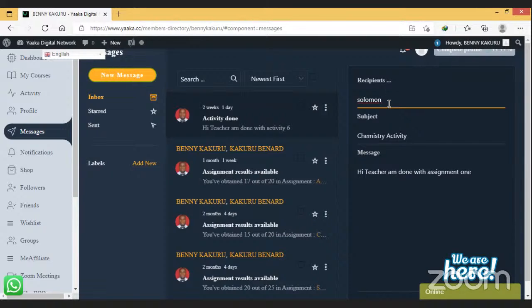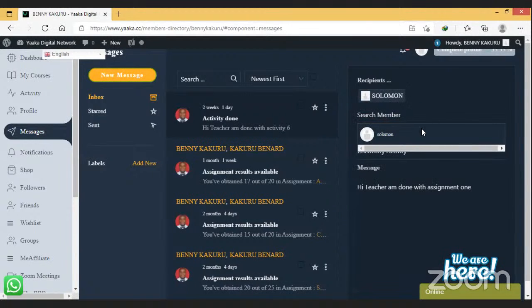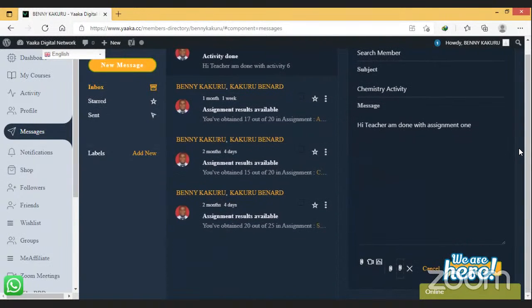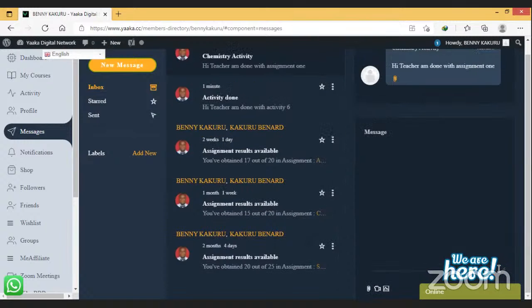When it comes, choose. And also choose that one. Then here you can now send. It's just hidden here. You tap on send, and the message has gone.